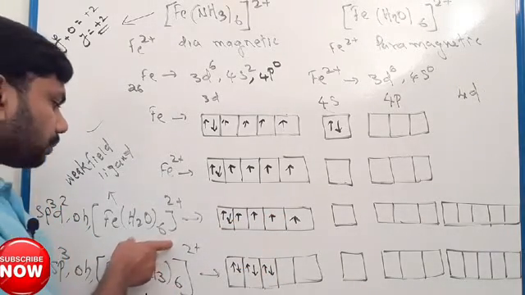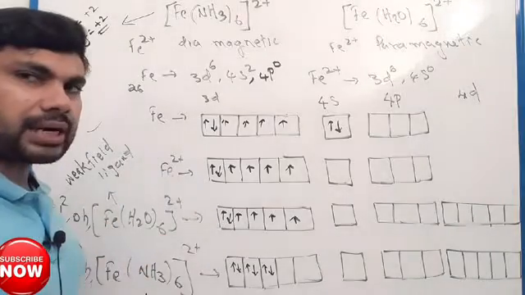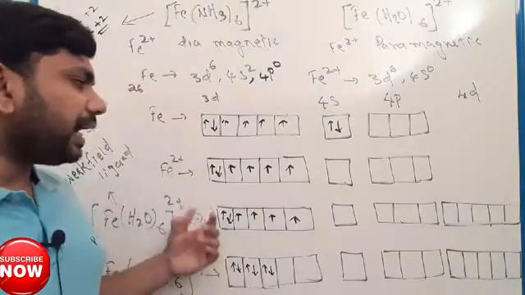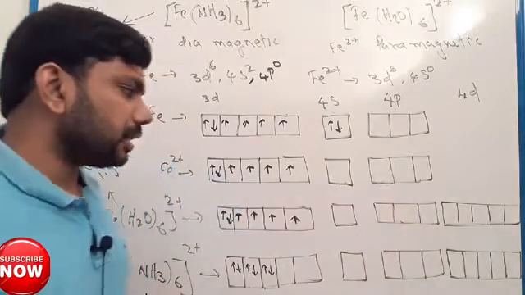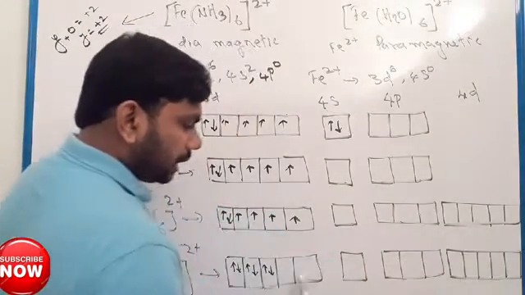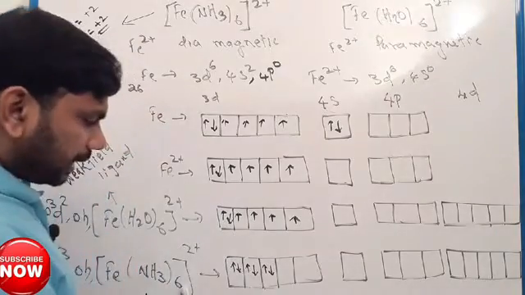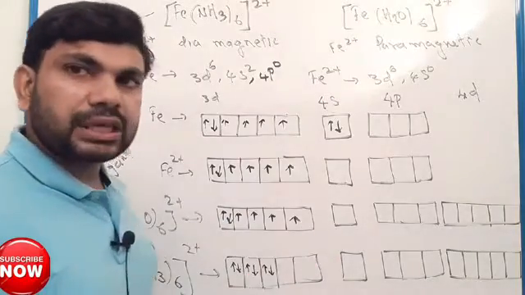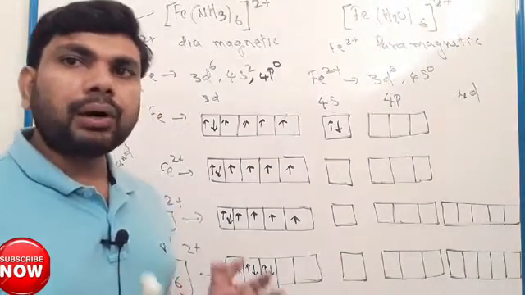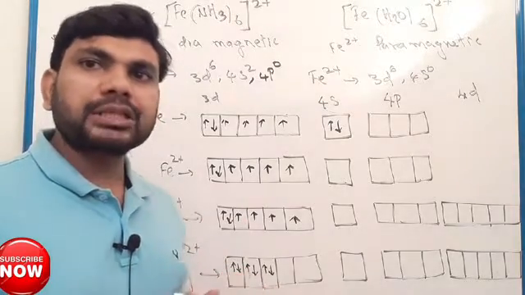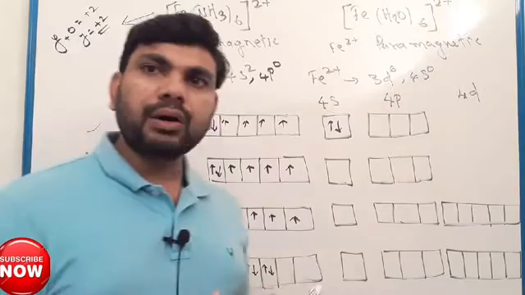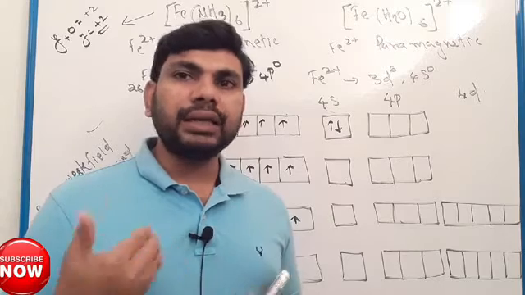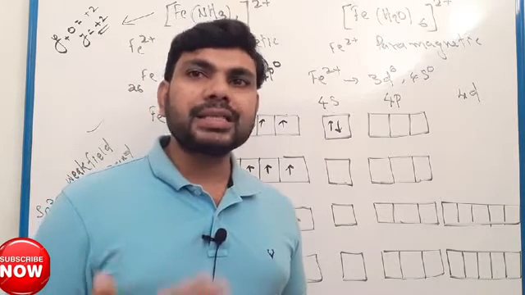Here 6 water molecules approach the central metal atom. According to valence bond theory, these are the vacant orbitals. And in the second coordination compound, these are the vacant orbitals. So these vacant orbitals will overlap with the filled orbitals of the ligands. The vacant orbitals of the central metal atom overlap with the filled orbitals of ligands and form hybridized orbitals.